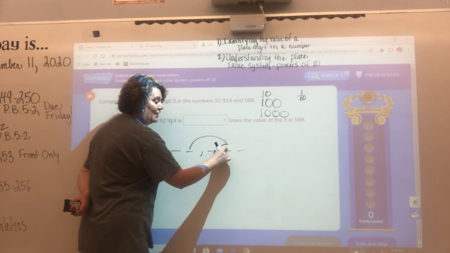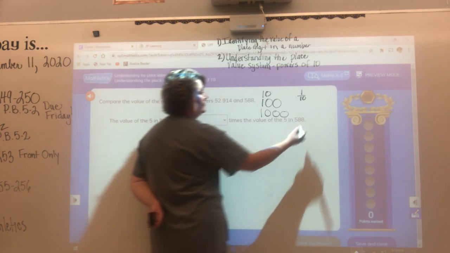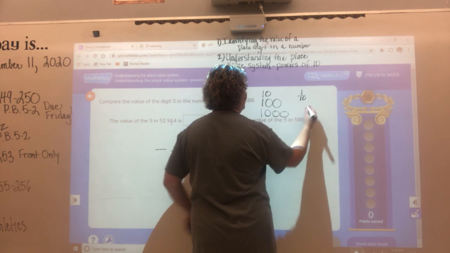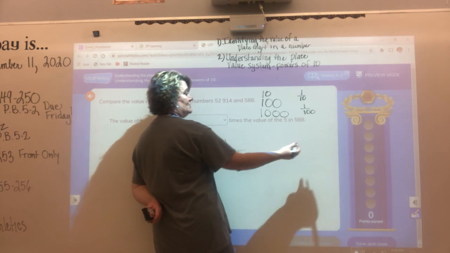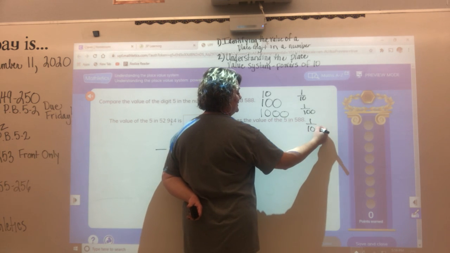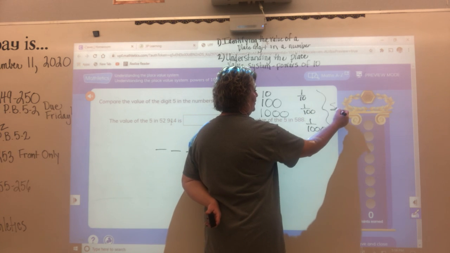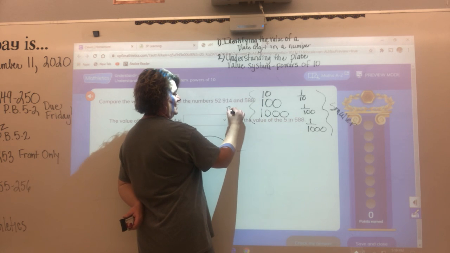So that would be another 10th smaller. So that's actually 1/100th smaller. Whoops. Messed up. 1/100ths. And then 3 digits down would be 1,000ths smaller. So this side over here is going smaller. This side over here is getting bigger.